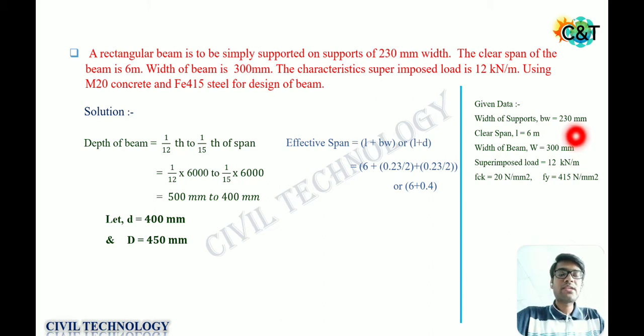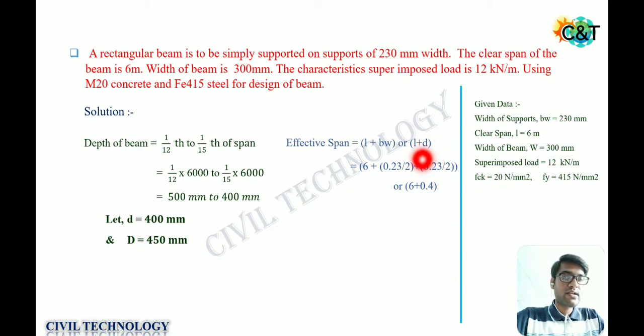But in reality, many times the support widths on both sides will be different. In that case we have to take half of each side, so I am representing the width of support in this way, half from the left side and half from the right side. So this is our first condition.